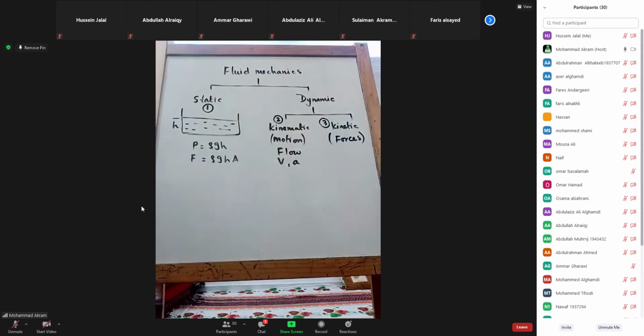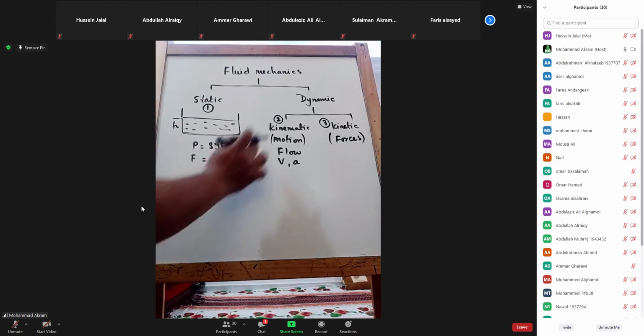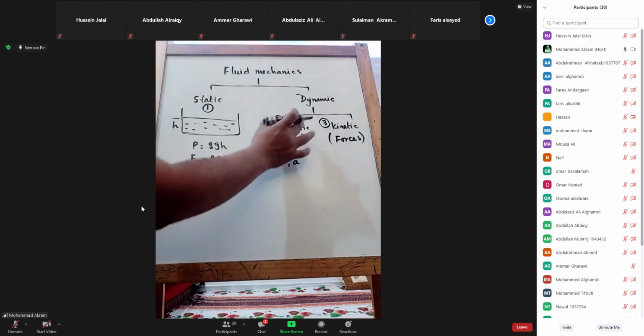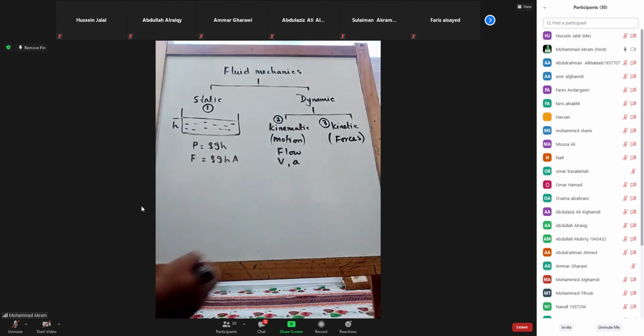In the first chapter, we studied pressure and static forces, right? Pressure and static forces. In the second, we will study the conservation of mass. It is also called the continuity equation in fluid mechanics.